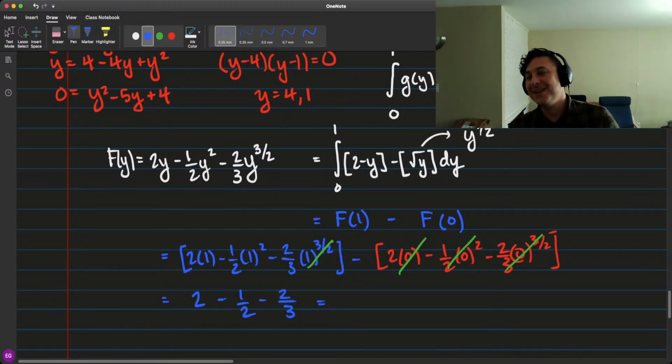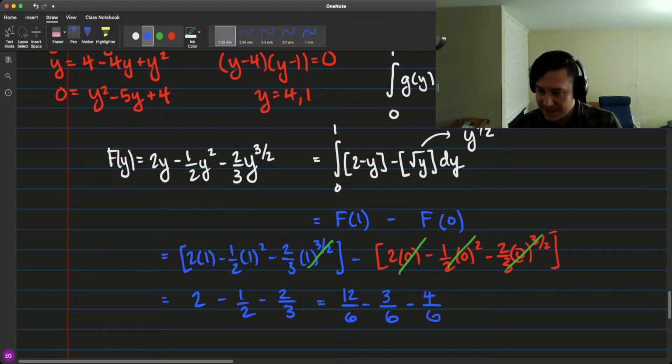Wow. Okay. So all of it in thirds. 2 times 3 is 6, 6 thirds. Actually, they can't be thirds. It needs to be sixths. That's going to be 12 sixths, minus 3 sixths, minus 4 sixths.